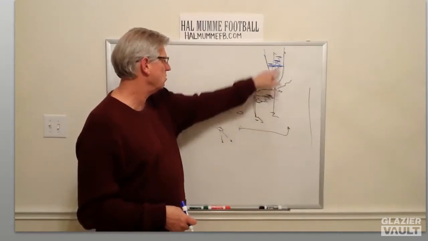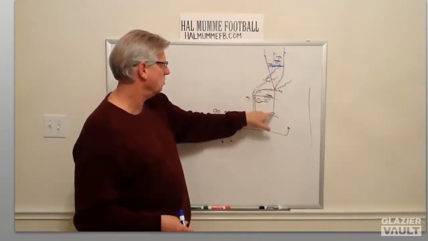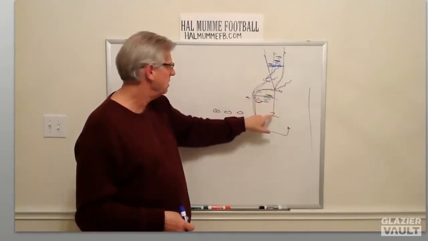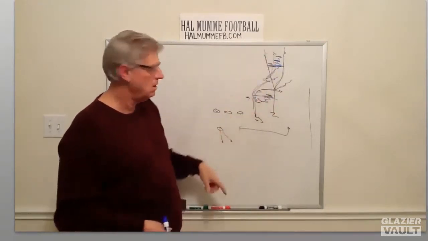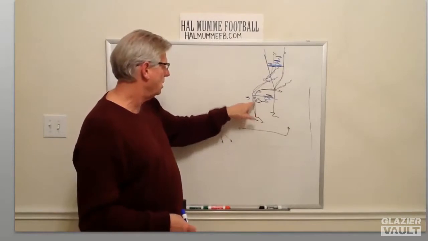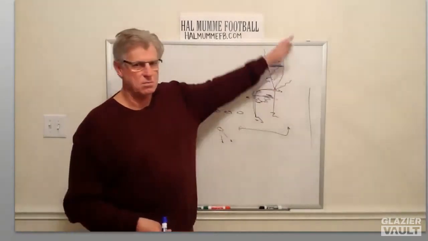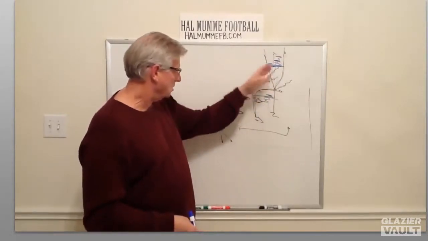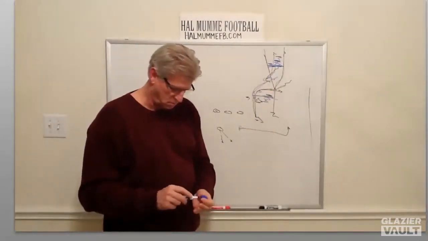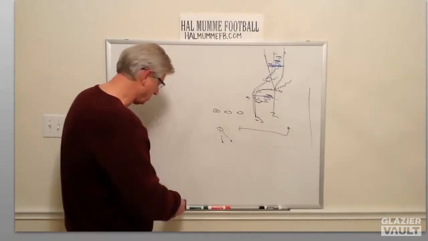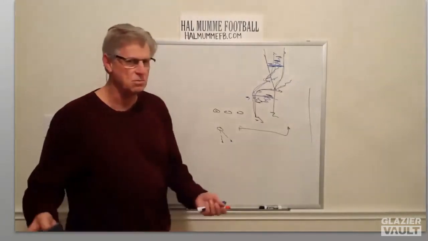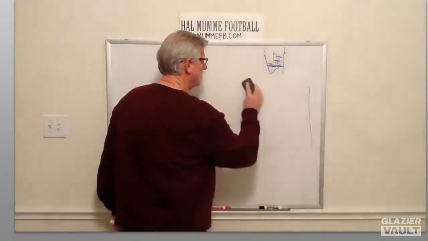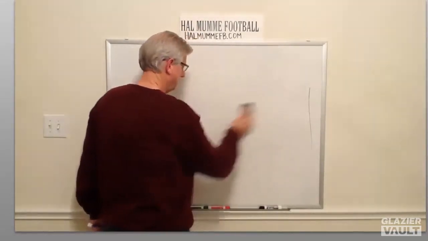We'd see where that coverage is, and we'd either run that route or the post, but it wouldn't be a deal where the Z was reading it as he's coming off. In the run and shoot, they would. We would tell the Y, cut at 10 yards, speed cut it, but be ready to catch the ball in a high position. And then you can see how I've drawn it up there for the run and shoot, what they would do. So that's two of the biggest areas that we had to combine.